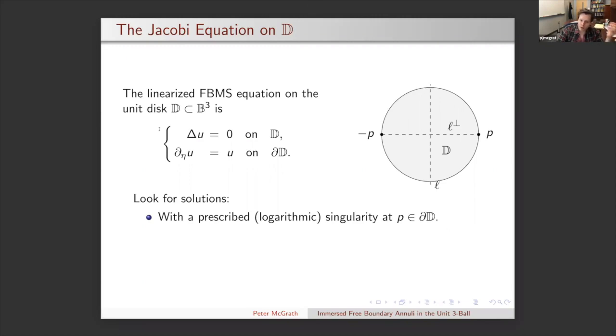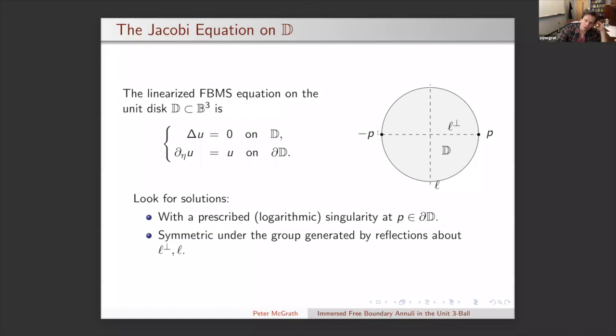More than this, we'd like to understand solutions that have singularities at 2 points along a diameter, point P and its opposite point, because as I mentioned before, we're interested in a blow-up limit where we have this necklace of disks. The disks meet along diameter points, and so we expect singular behavior there, and the Green's function singularity in 2 dimensions is logarithmic. So we would like to look for solutions with singularities there.